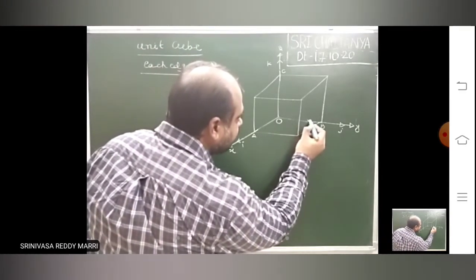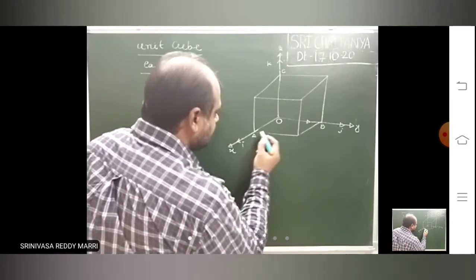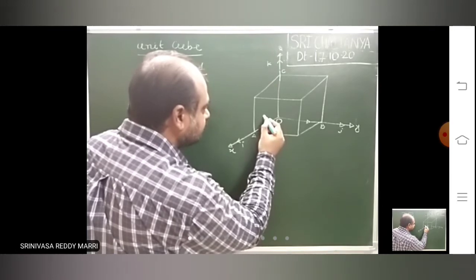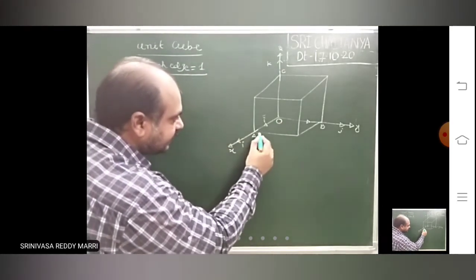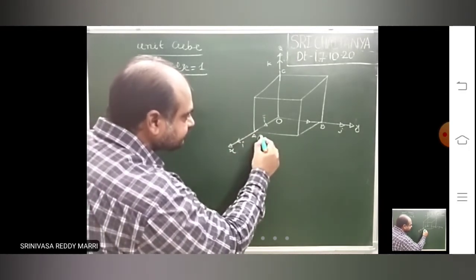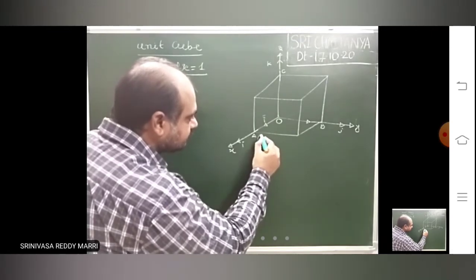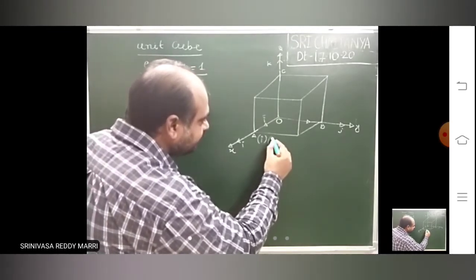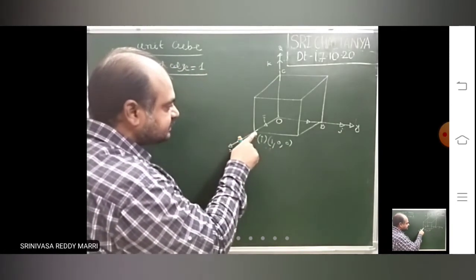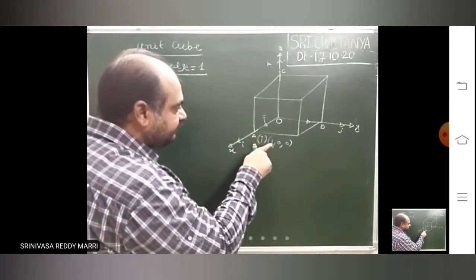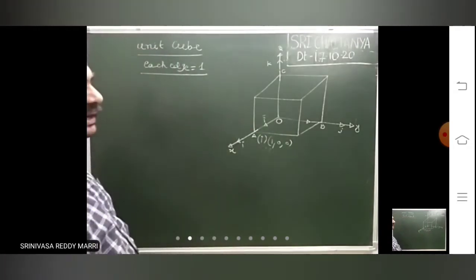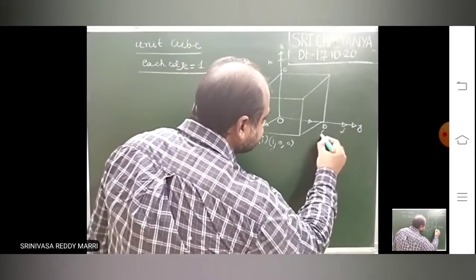Now OA bar is nothing but the unit vector i bar. So the position vector of A is i, which means the point (1, 0, 0) on the x-axis: x coordinate 1, y coordinate 0, z coordinate 0.